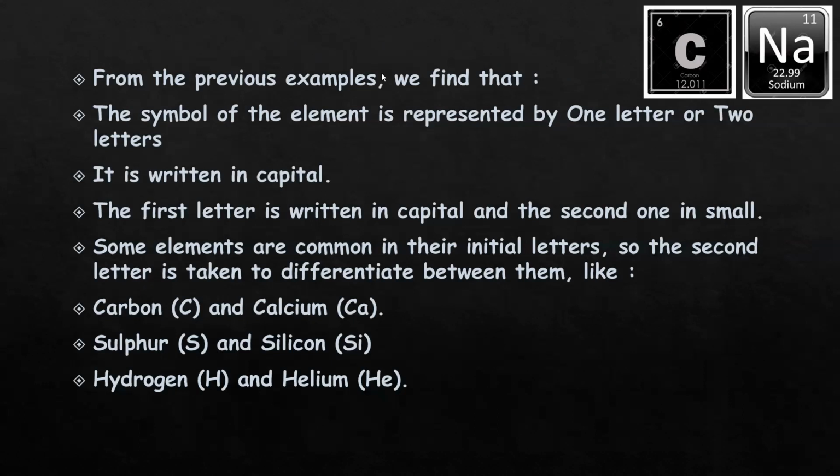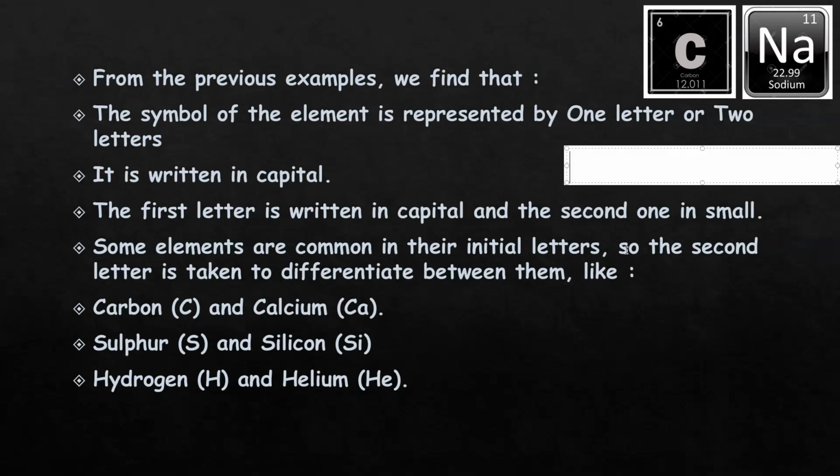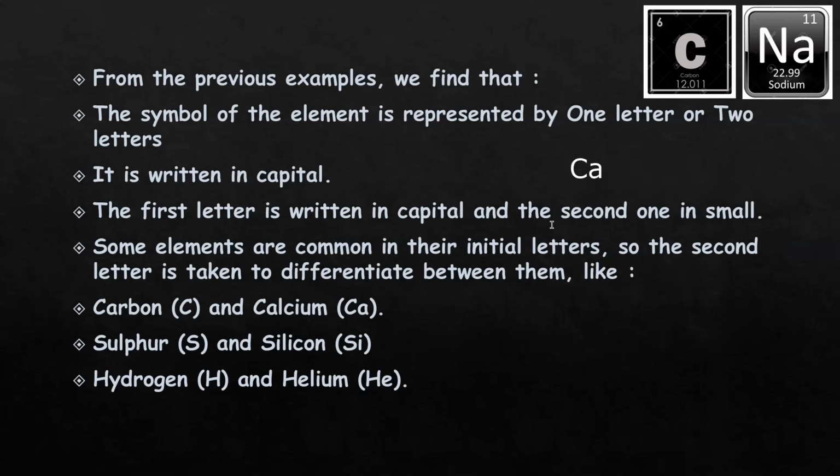Some elements, like we said, share their initial letters, and we use the second letter to differentiate. For example, the difference between carbon and calcium. Carbon is C and calcium is Ca.